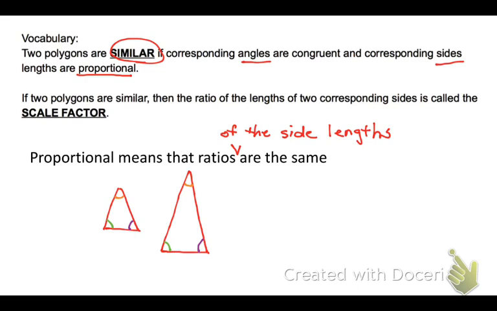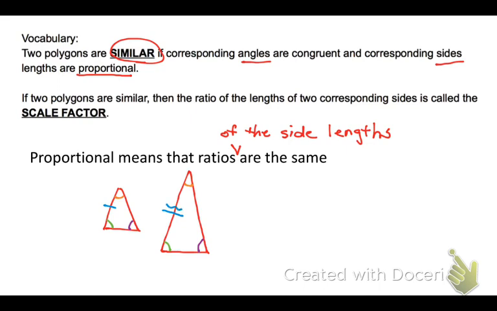But that's only half the battle. The other part of it is that the corresponding side lengths are proportional. So this side length has to not be equal, but it has to be proportional to this side length. I'm going to write a wavy line.